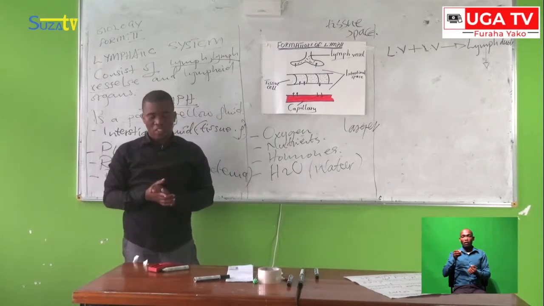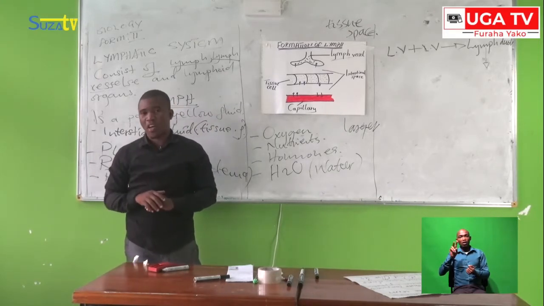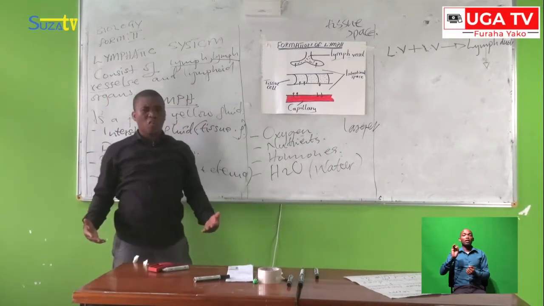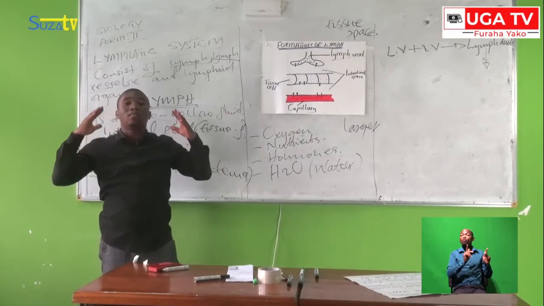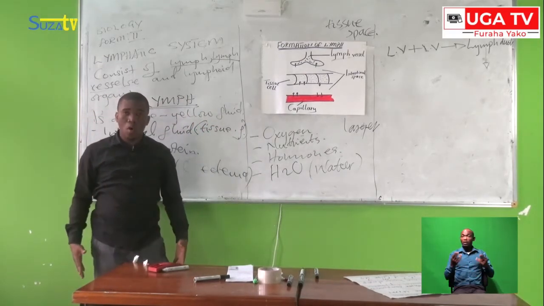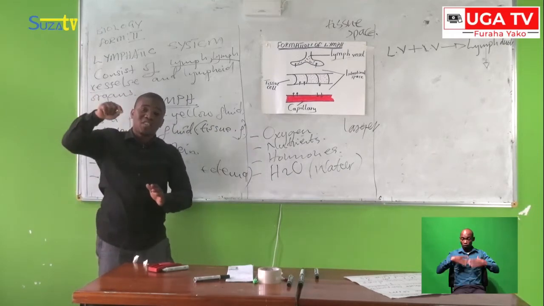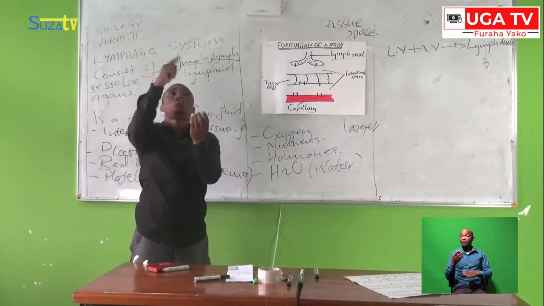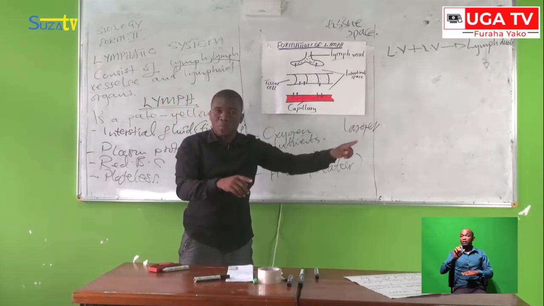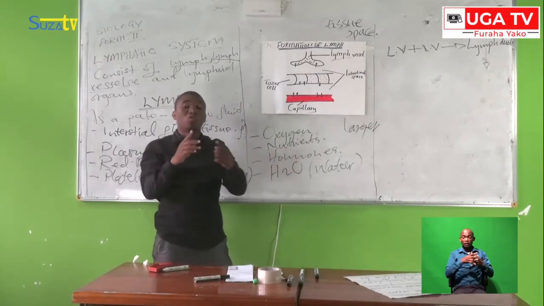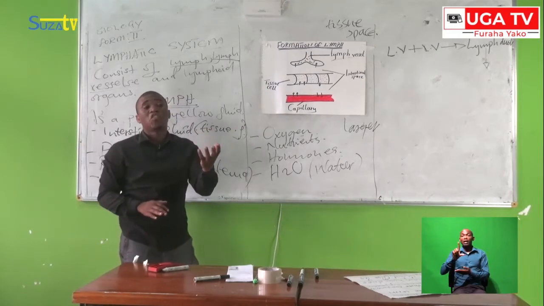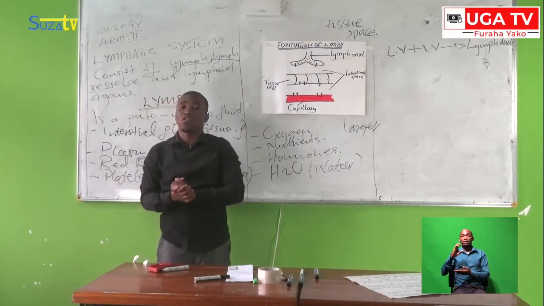You should know that we have two kinds of vena cava. Superior vena cava, as well as inferior. Superior vena cava is normally located at the upper parts of the body, and inferior at the lower parts of the body. So here we see that the lymphatic system joins with the blood circulatory system. There is a direct connection between these two systems. Where does the lymphatic system join with the blood circulatory system?